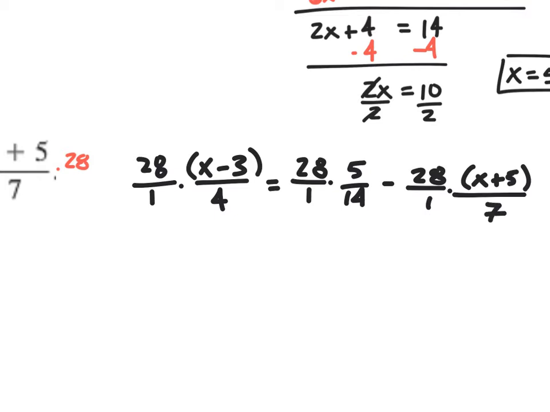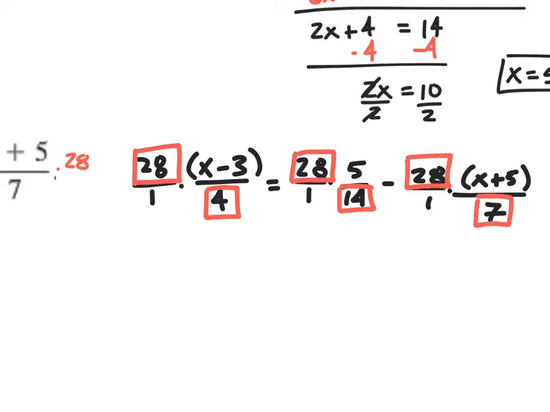Okay. Now, why I did this is because I want to look at this numerator here and my denominator here. Same thing with 28 over here and 14 down here, 28 here and 7 down here. In each of these problems, because I am multiplying by 28, I can do some cross division, okay?